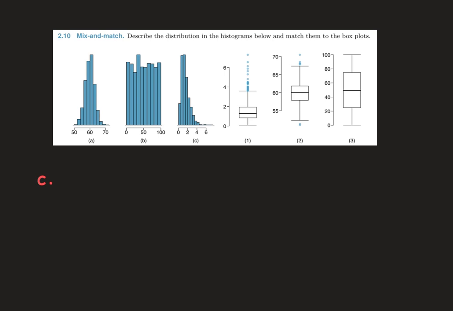Histogram C. It is unimodal, but it's not symmetric. We have a longer tail on the right, which means that it is skewed, and because the tail is longer on the right, that is the direction of the skew, so it's skewed right. We can discount number 2 and 3.